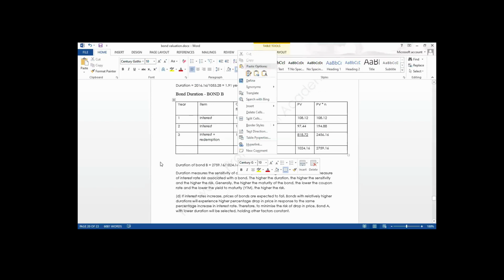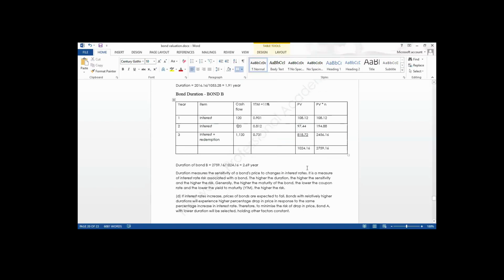To get your bond duration, when you sum, 2,759.16 divided by summation of the present value, 1,224.16.